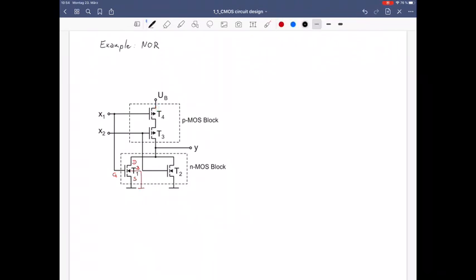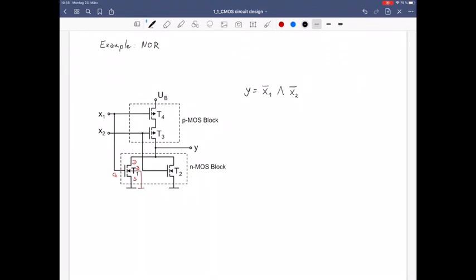So we can start writing the equation for the PMOS block. We have a high level output, or y equals, and then we have to write down the condition. So x1 has to be 0. We need a low level at the PMOS transistor in order to turn it on, and we need to have the same, a low level at input x2. This is the Boolean equation describing the PMOS block.